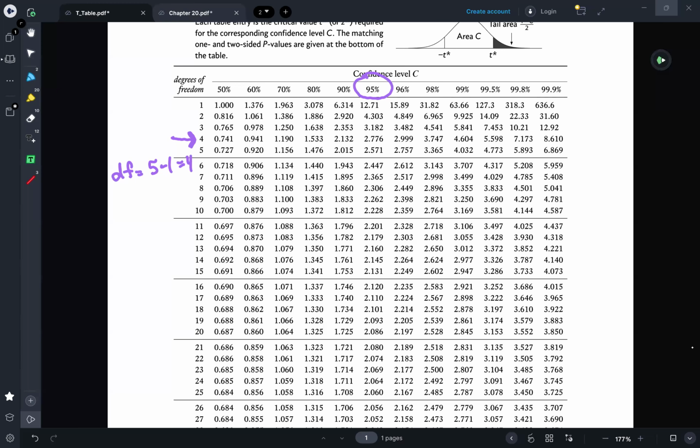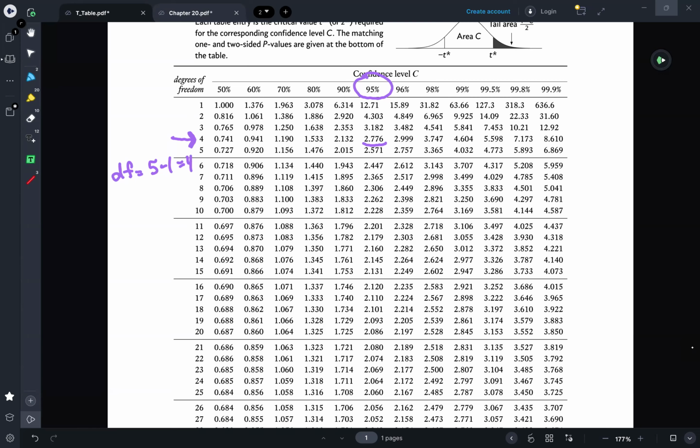And if we wanted a 95% critical T value, it would be 2.776. And that's the value you would use in your confidence interval. Okay. 2.776. 4 degrees of freedom.